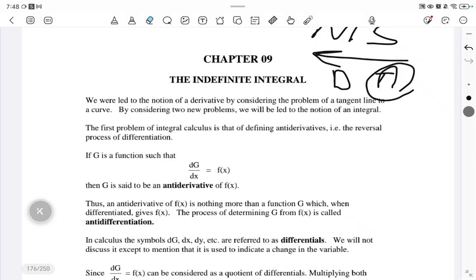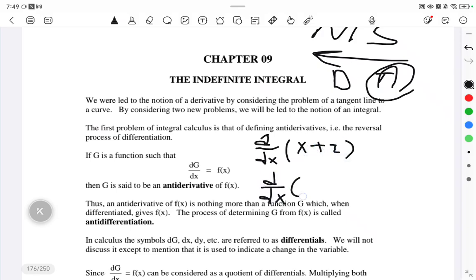We have things like the sum rule and difference rule. Those are nothing special. They are just rules we know: if I have the derivative of x plus 2, I just distribute. Nothing changes when it comes to the sum rule and difference rule.